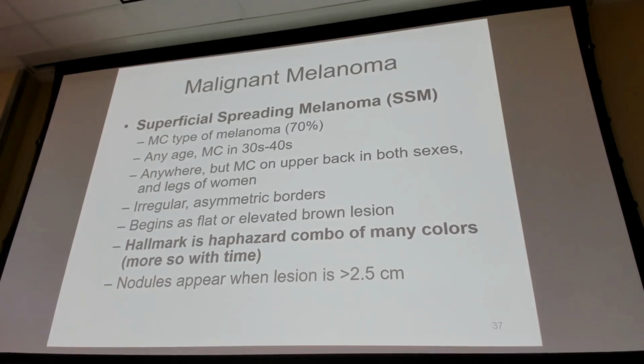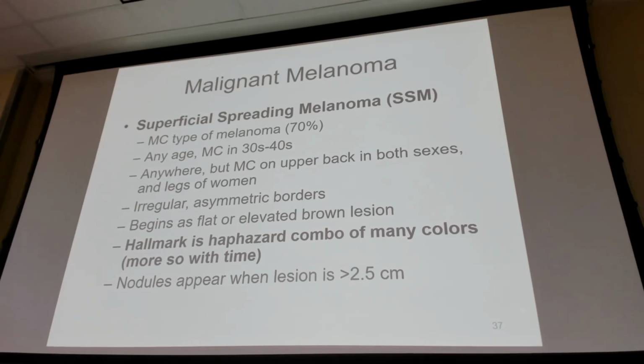Begins as a flat or elevated brown lesion, and the hallmark is a haphazard combo of many colors. So it's not just one color, you've got several different color types. If it's growing, if it gets over 2.5 centimeters, then it's going to develop into a nodule at that time.